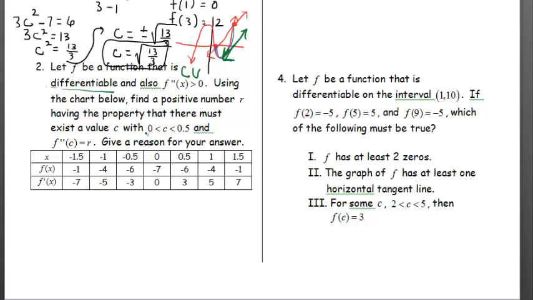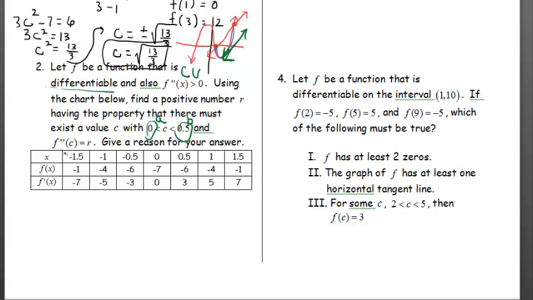Then what we can do is use these values, which we're going to consider a and b, and we're going to do a delta y over delta x between these two x values. And the trick here is what y values do we use? Do we use the f of x values, or do we use the f prime of x values?